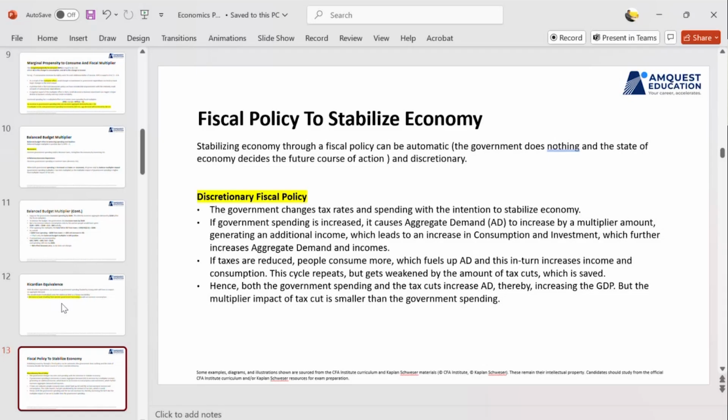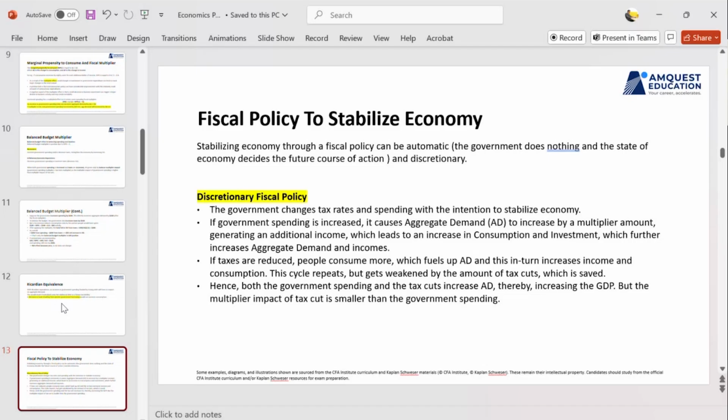Discretionary is where the government does something at its own discretion, and based on the discretion, the change would take place. Clear? So, like I told you earlier, if it's discretionary, the government says, boss, increase the tax rate, get more money from people, and the stability will happen. Or decrease the tax rates, increase the purchasing power of the people, increase the aggregate demand.